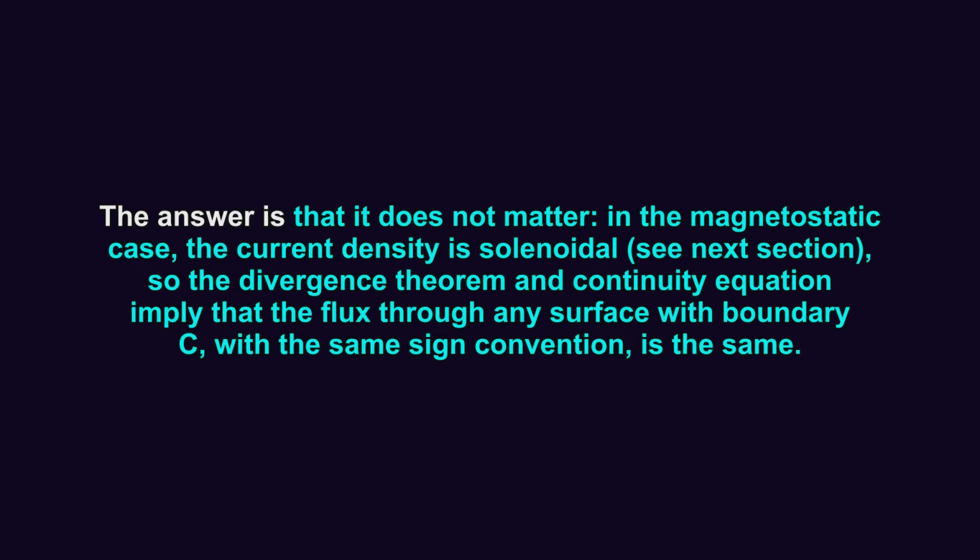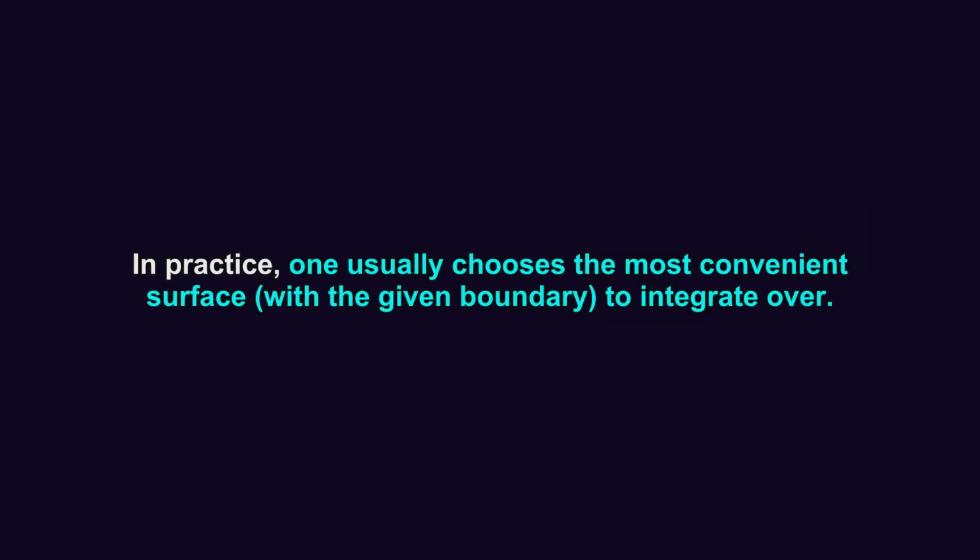The answer is that it does not matter. In the magnetostatic case, the current density is solenoidal, see next section. So the divergence theorem and continuity equation imply that the flux through any surface with boundary C, with the same sign convention, is the same. In practice, one usually chooses the most convenient surface with the given boundary to integrate over.